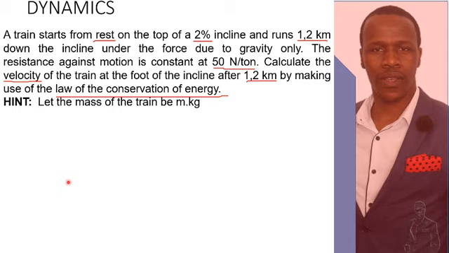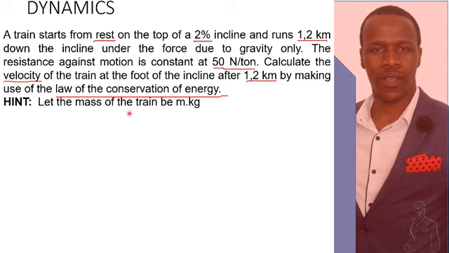We were told that we will talk about the law of conservation of energy regarding potential energy and kinetic energy. So that's the formula that's in my mind already when I see this.